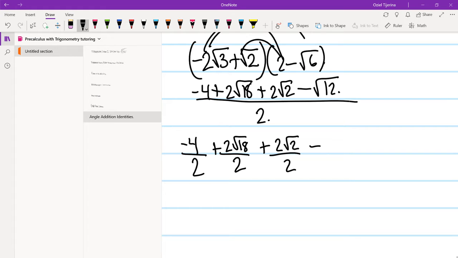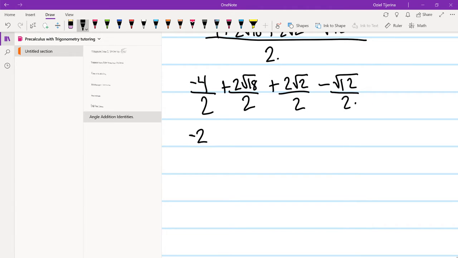So then you would have negative 2 plus the square root of 18 plus the square root of 2, minus the square root of 4 times the square root of 3, all over 2. That would be negative 2 plus the square root of 18.